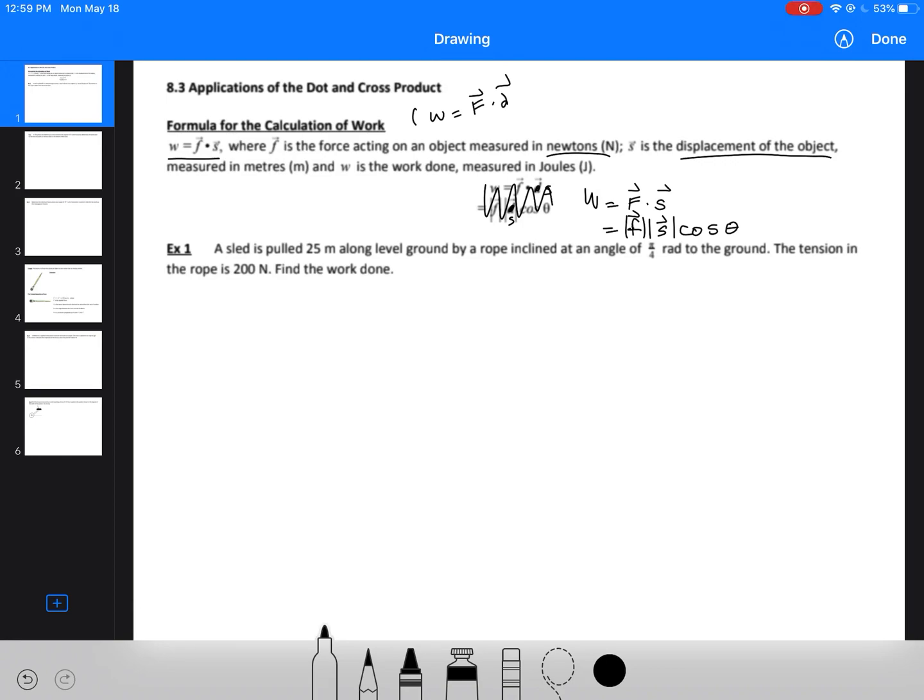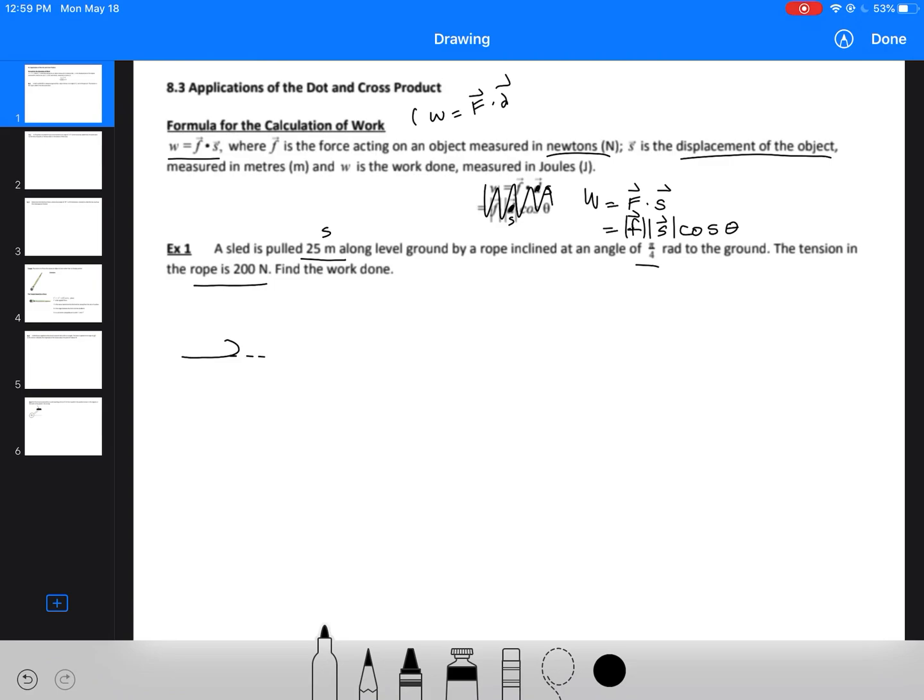So in the first example, a sled is pulled 25 meters. That's our displacement along level ground by a rope inclined at an angle of pi/4 radians to the ground. The tension in the rope is 200 newtons. The first thing I like to do with vector problems is to draw a diagram.